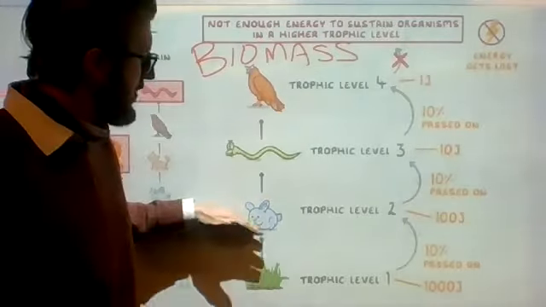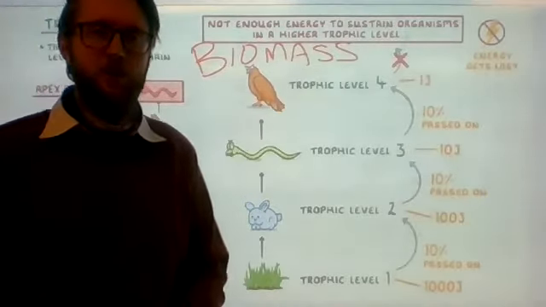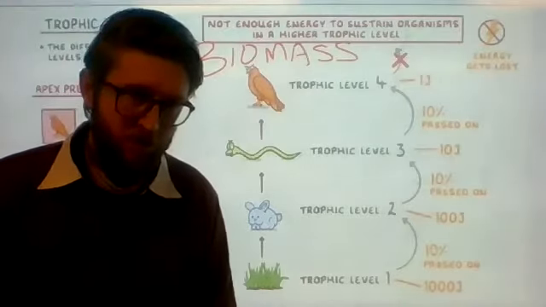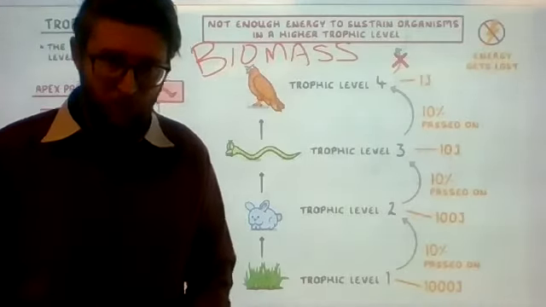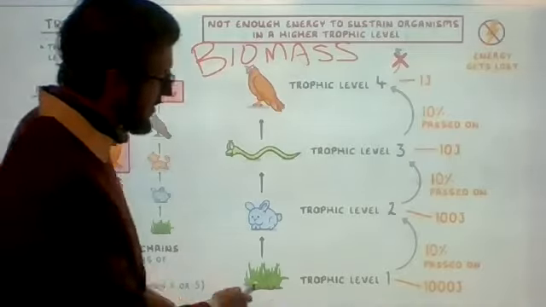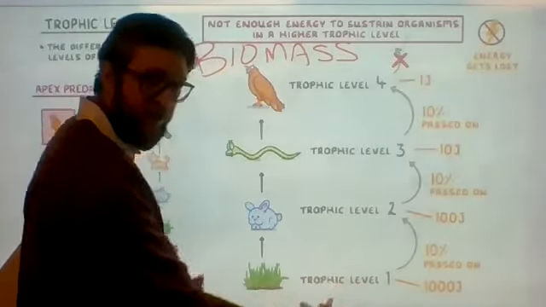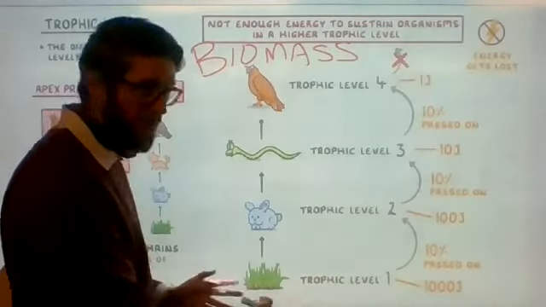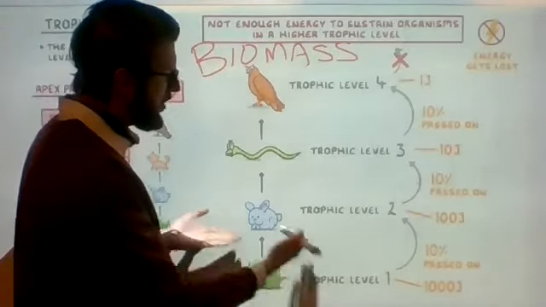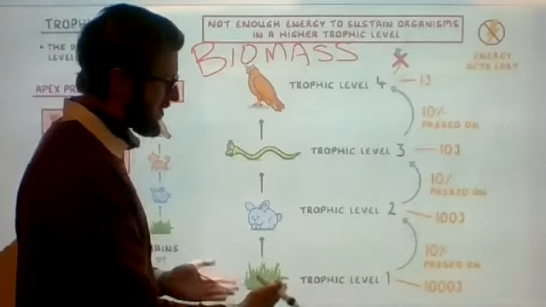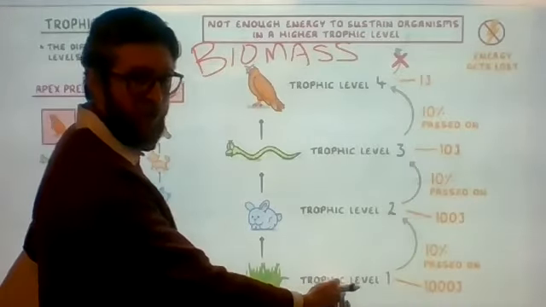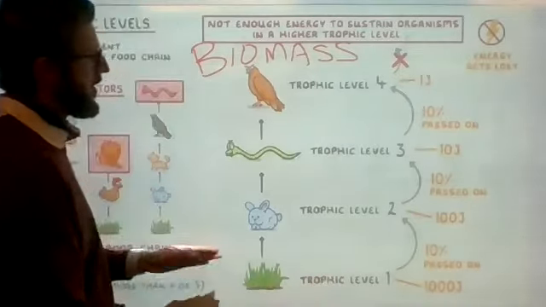So the more energy you have, the more biomass you can create and the more organisms you can support. So there will be more biomass of grass and the plants and all the trees than there will be herbivores that eat all those plants and trees.